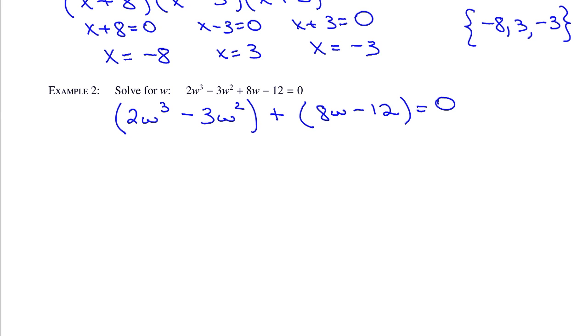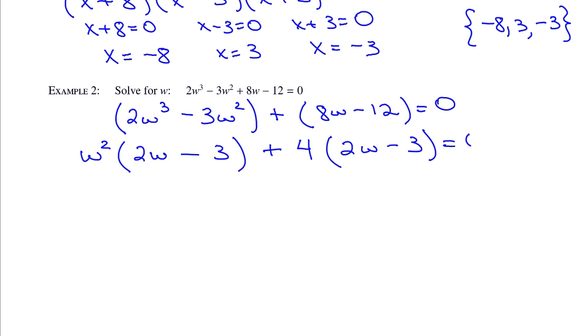I can factor out a w squared from the first part. That leaves me with 2w minus 3. And on the right part, I can factor out a 4. And that leaves me with 2w minus 3.